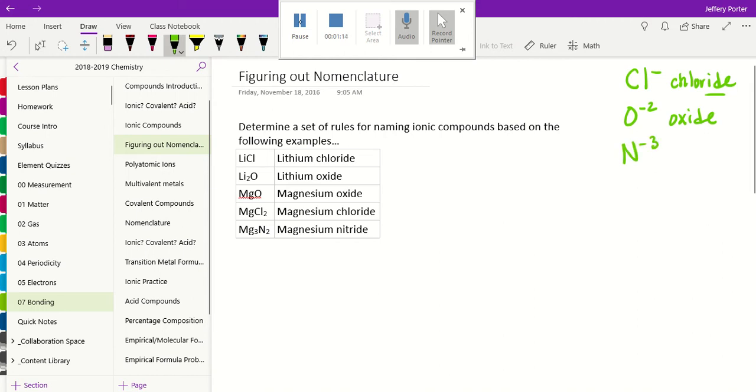N-3 becomes nitride. So, whenever we have a nonmetal off the periodic table picking up the electrons it wants to abide by the octet rule, it will always have an IDE ending in the name.